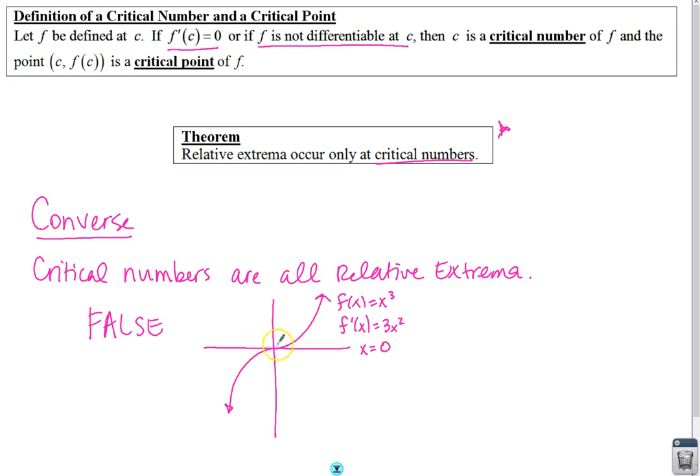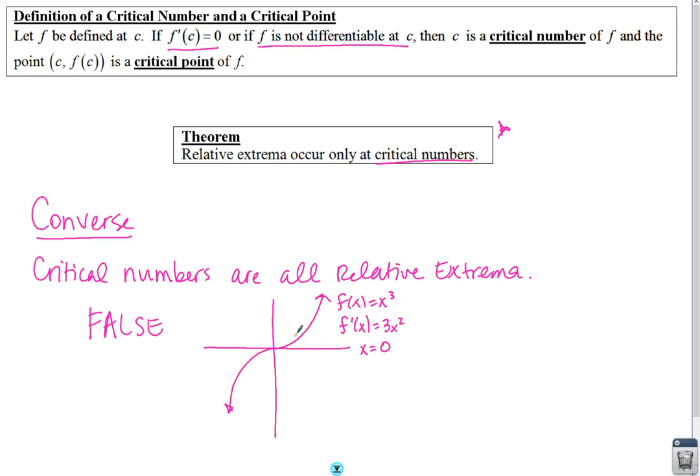However, is this point a relative min or max? No, not for this one, because my function is always increasing. Yes, x equals 0 is a critical number, and the point 0, 0 is a critical point. However, it is not a relative minimum or maximum.